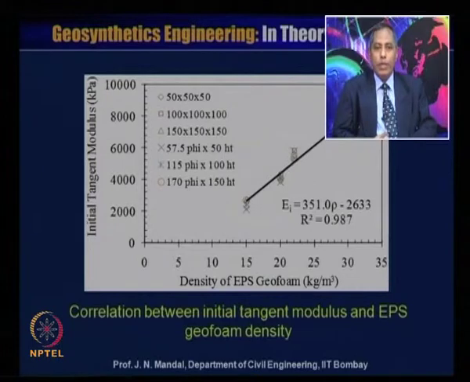Apart from the cubical shape, we have also considered cylindrical shapes: 57.5 millimeter in diameter and 50 millimeter in height, 150 millimeter in diameter and 100 millimeter in height, and another sample 170 millimeter in diameter and 150 millimeter in height.